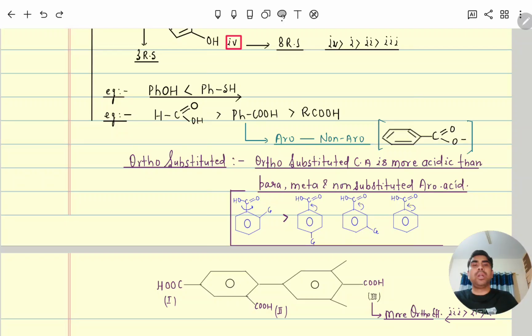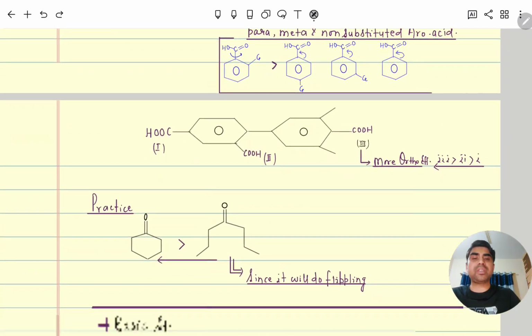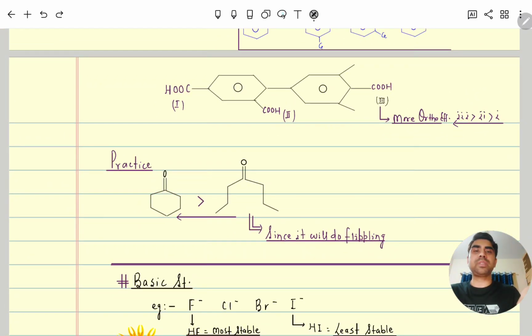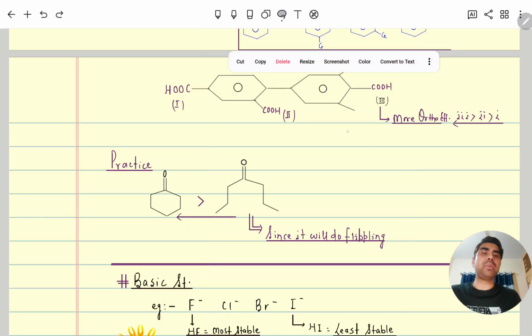Clear? So here you can see in this compound, this carboxylic acid is 1, this is 2 and this is 3. Due to the ortho substitution, this one will rotate, so it will be perpendicular to the benzene system. As it is perpendicular to the benzene system, the aromaticity will be maintained, which means the acidic strength is more.